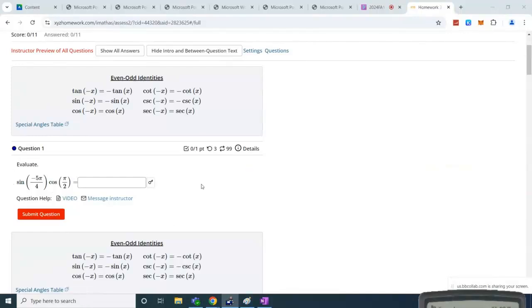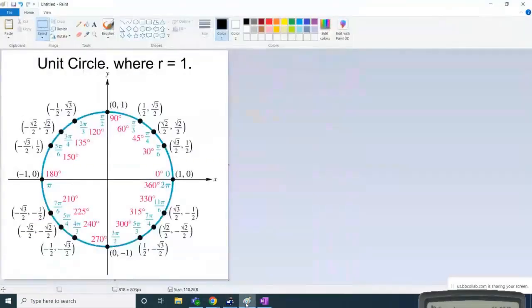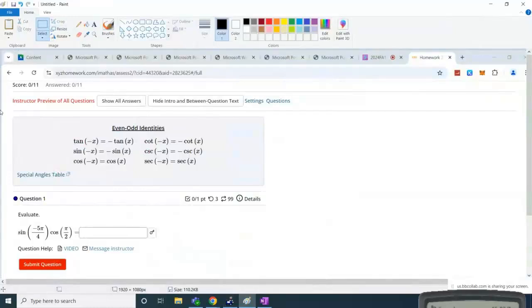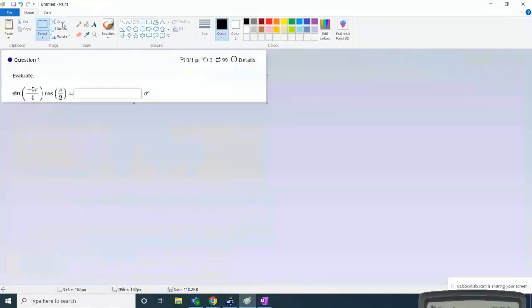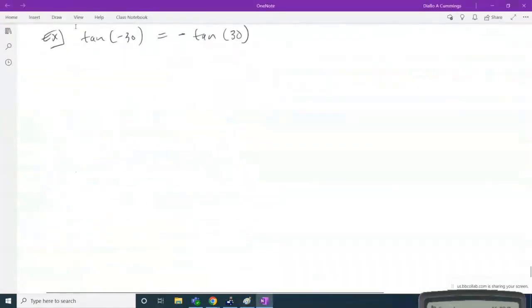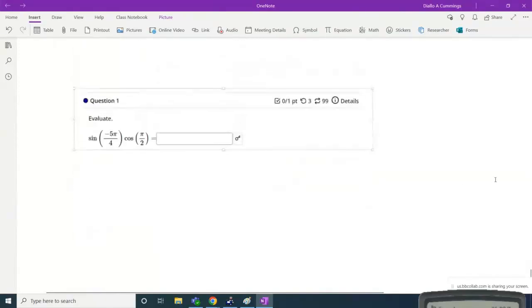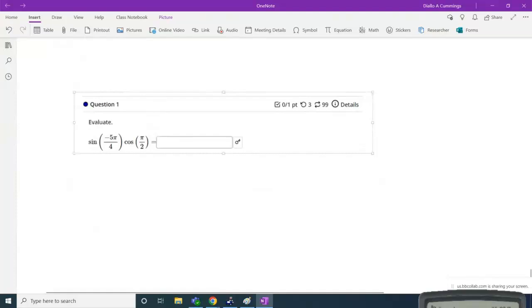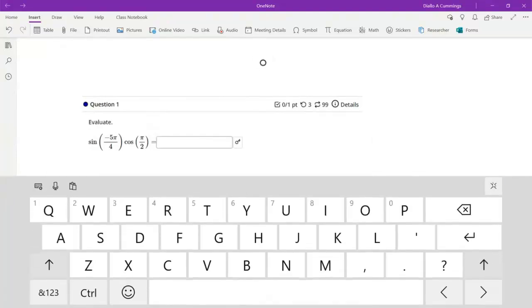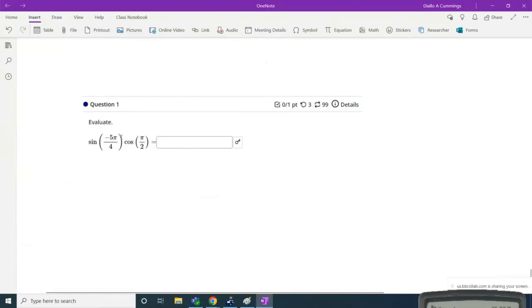Just to show how this first one is done, let me copy it. So this just says evaluate. What this means is I can use a negative number identity to rewrite the sine of negative 5 pi over 4.